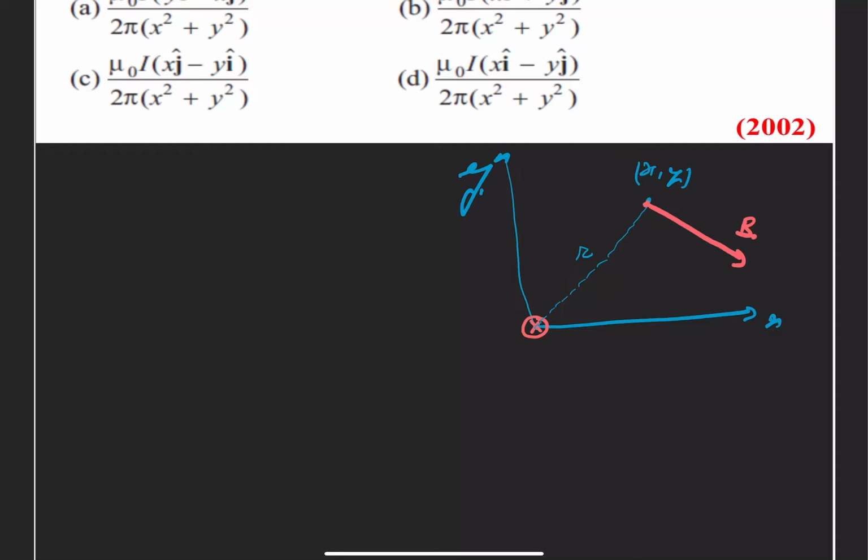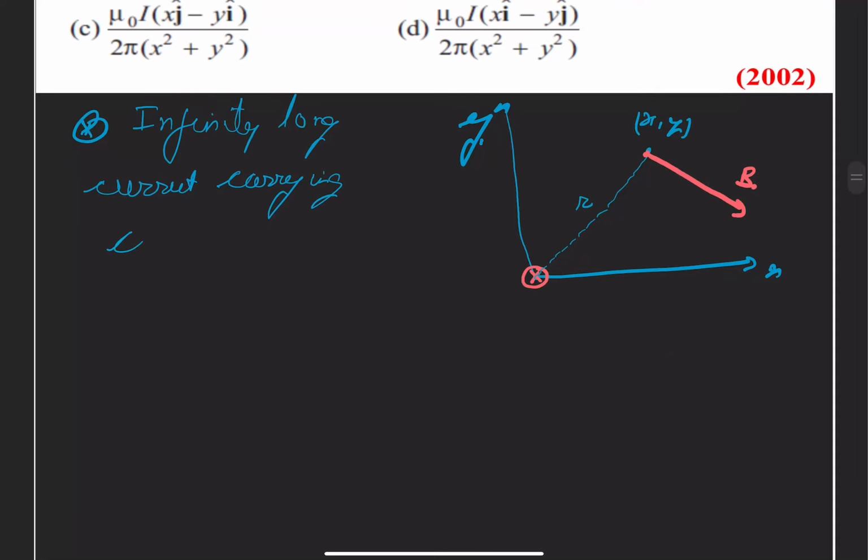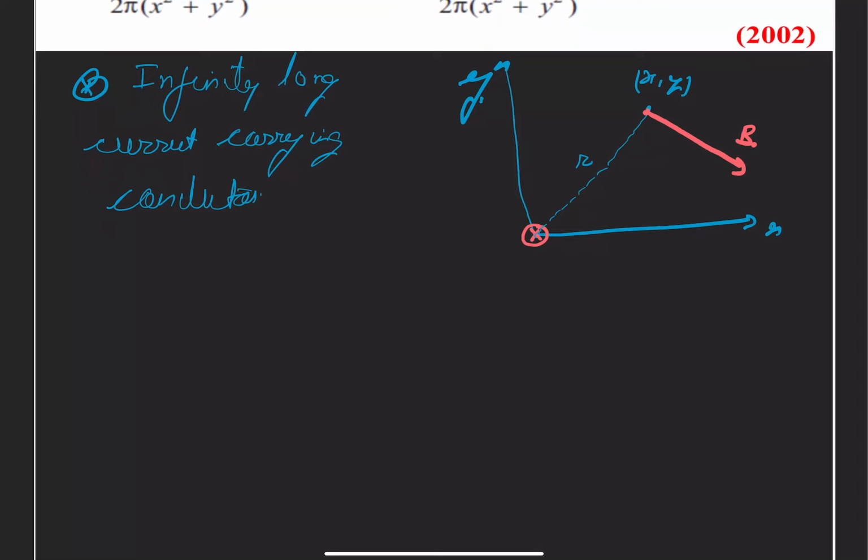So we are given an infinitely long current carrying conductor, and there is a point P. This is a point P which has coordinates x, y.